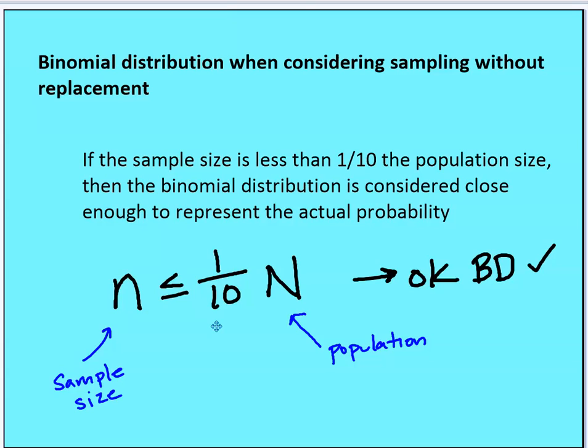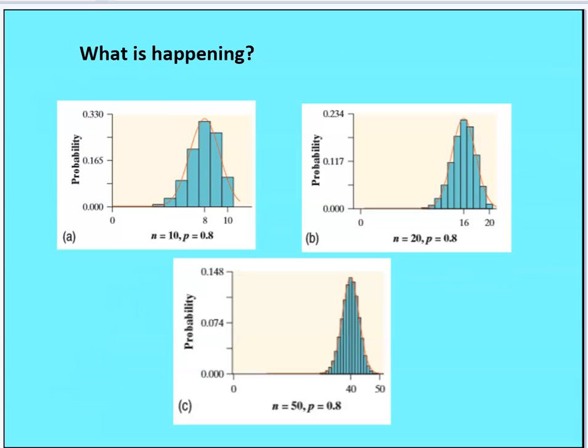However, you can use binomial distribution in the case where we have dependence, but the sample size is less than or equal to 1/10 of the size of the population. Then it's okay to use binomial distribution.